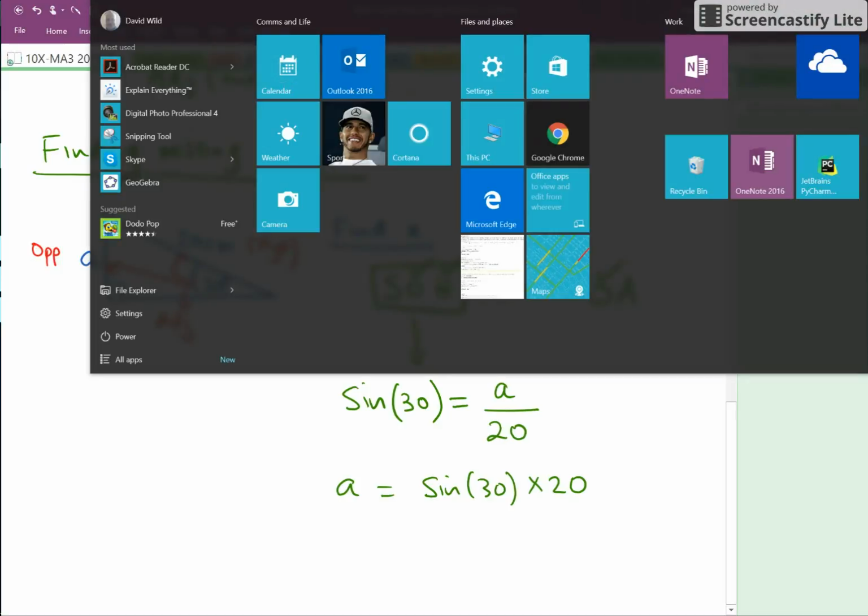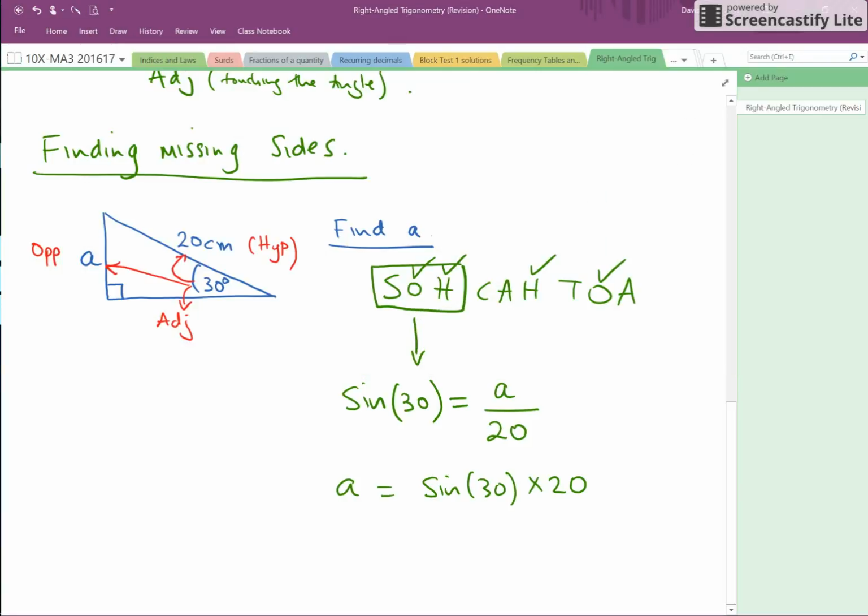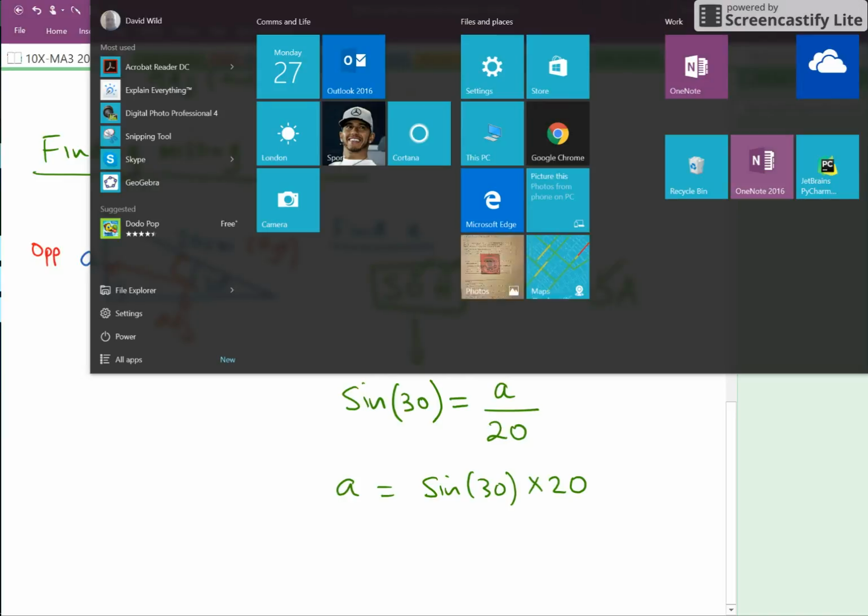So let's just go to our calculator temporarily. I should have it here actually. Actually, I can type it in here, I think.